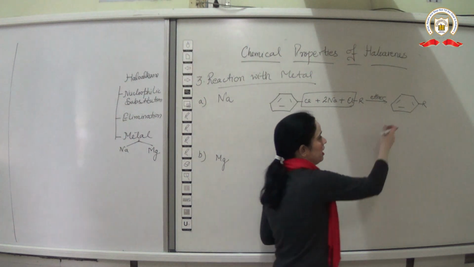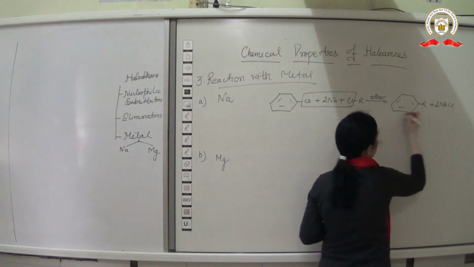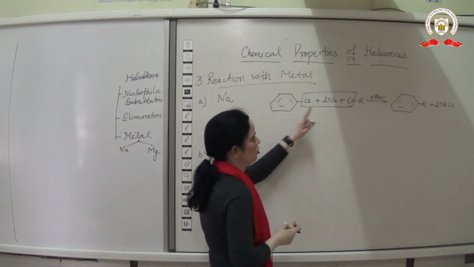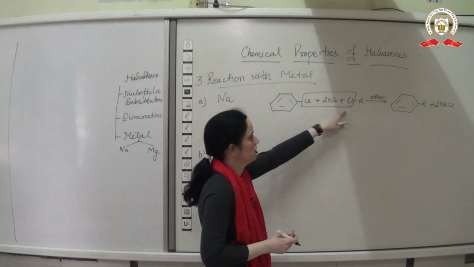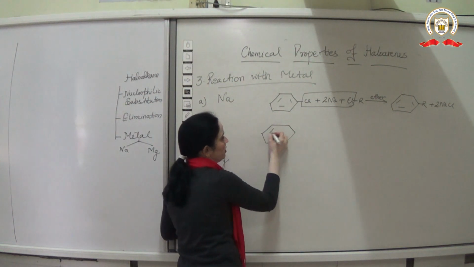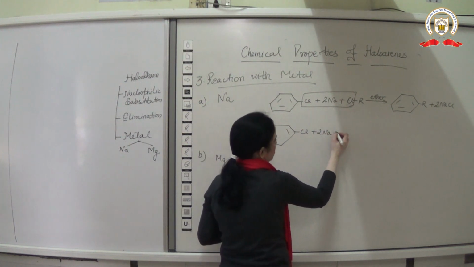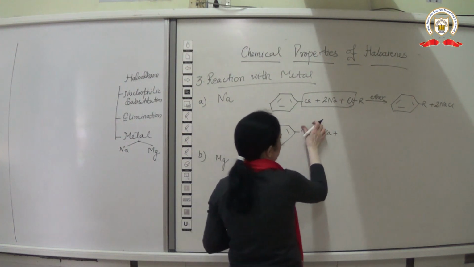Now we are getting the alkyl as well as the aryl part along with 2NaCl. It resembles the Wurtz part. We will be giving a new name for this reaction. We are not going to call it the Wurtz reaction. We will simply write it here as halogen X.